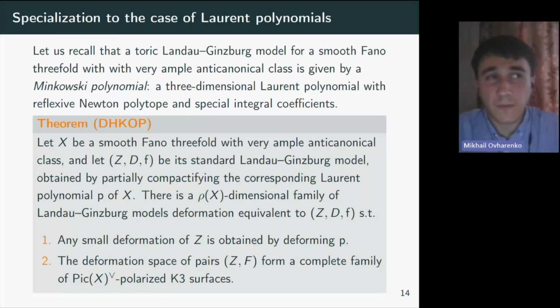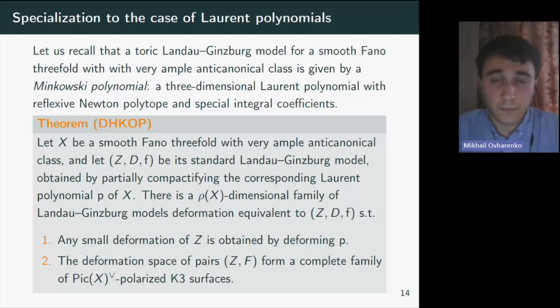We should replace the condition of main periods being equal to quantum periods by some other series of Gromov-Witten invariants corresponding to D.